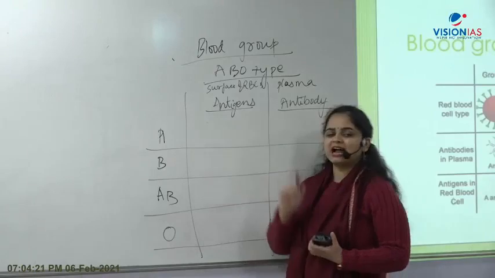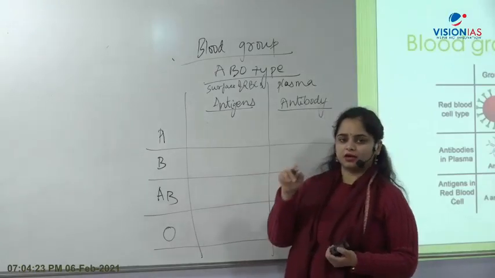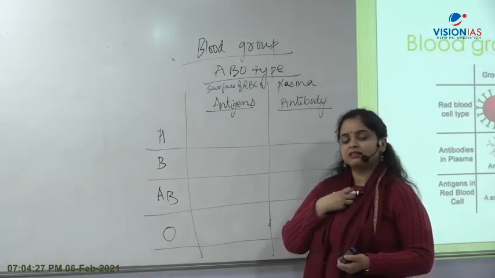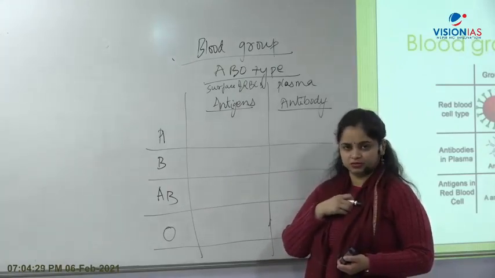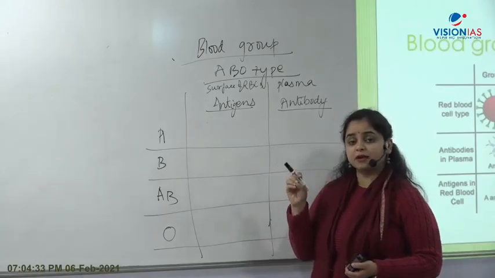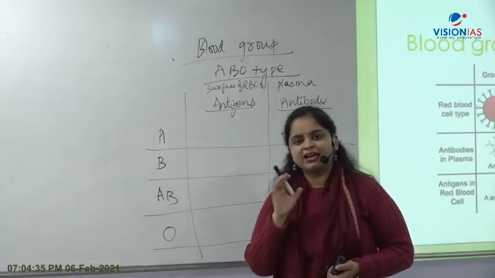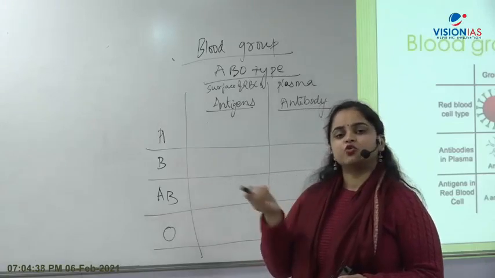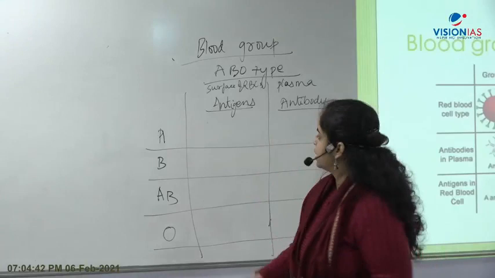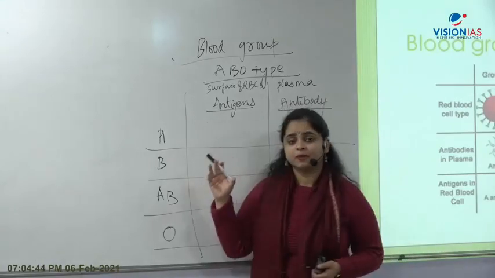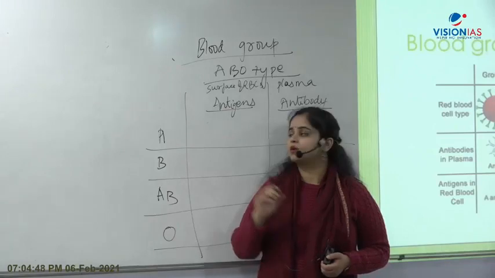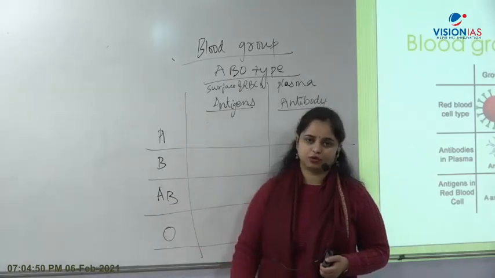So when an antigen is present in the blood of a person, the antigen present in my blood will not stimulate my immune system. The viral antigens, present on the virus's body, are not a threat to its own immune system. They are a threat to your immune system. So the antigenic role comes into play when this blood goes into somebody else's body.